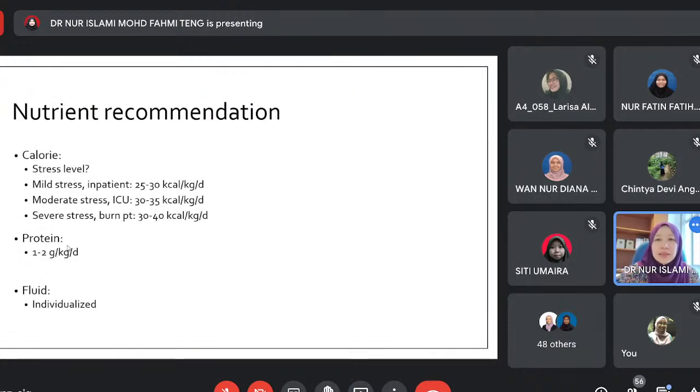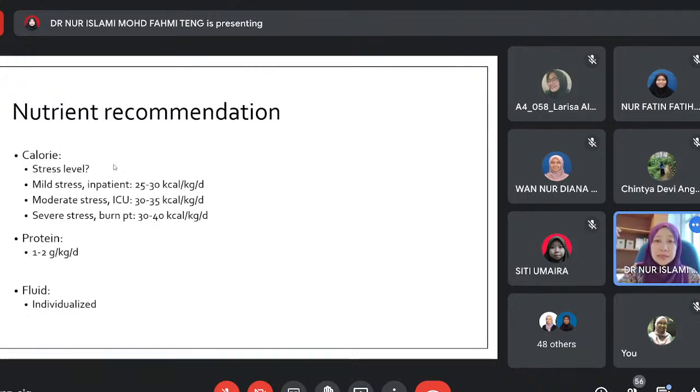Okay, so here we look into the nutrient recommendation. Okay, so calorie. So berapa banyak kalori nak bagi? Requirement kalori, it depends lah. As I mentioned tadi, there's a variety of formulas that you can use. Kalau dekat dalam ICU apa formula yang biasa, but just a rule of thumb, we refer to the stress level.